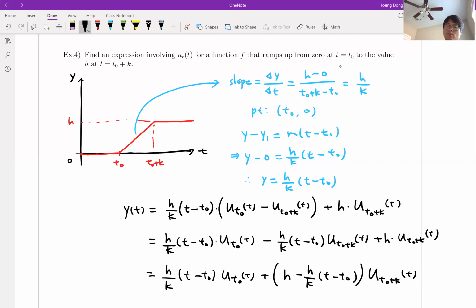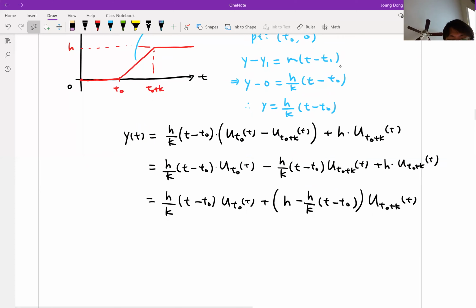At this moment I would like to factor h over k out. It's optional, but it might be better, because there is a purpose to use the Laplace transform. Let me do one more step. It is equal to h over k times big parentheses, and let me write the unit step function first: u t0 of t times t minus t0.